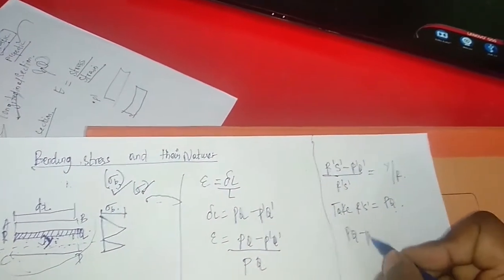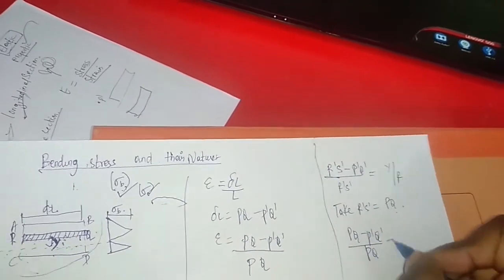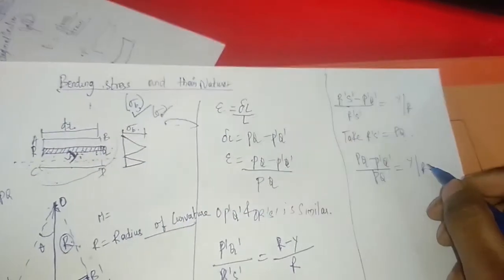So PQ minus P dash Q dash divided by PQ is equal to Y by R.